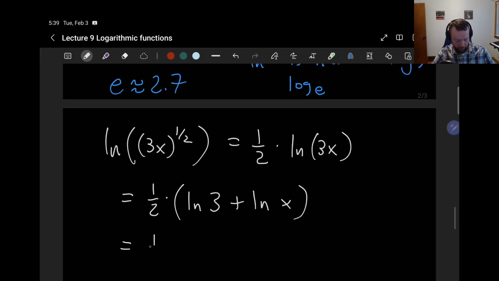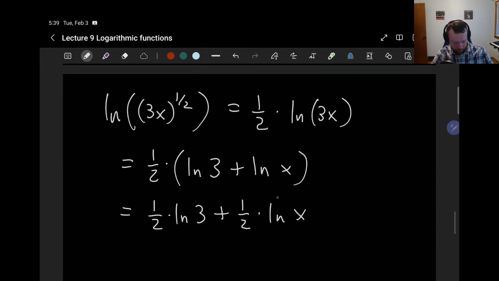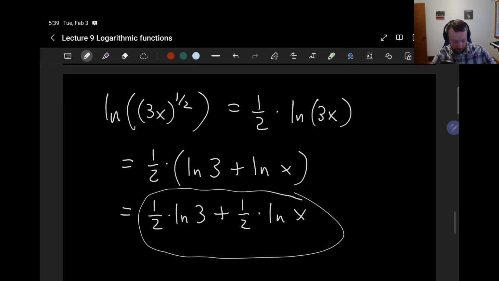And then we finish by distributing the 1/2. And that's as expanded as it gets. So this is equal to what we started with. This is just a more expanded form. You have more logarithms involved, but the benefit of this is that these are simpler logarithms.